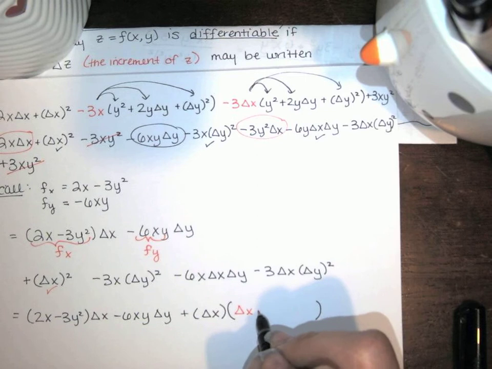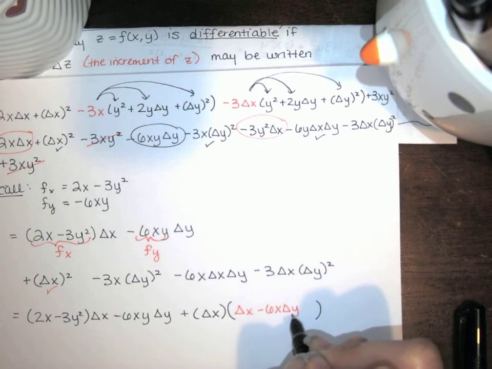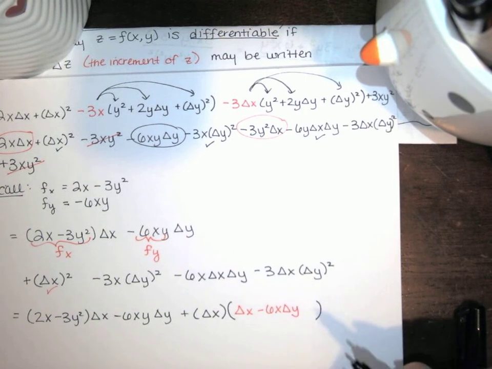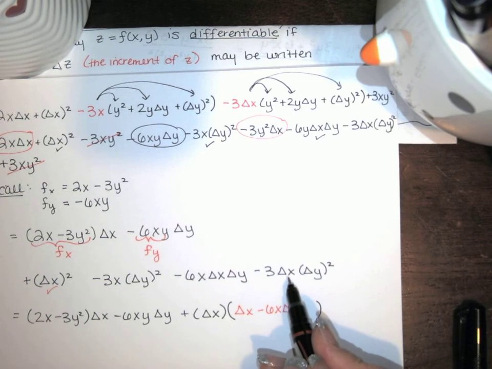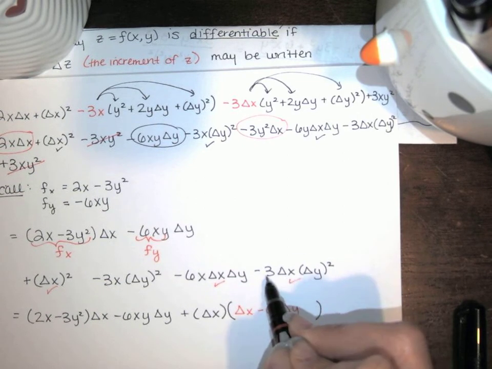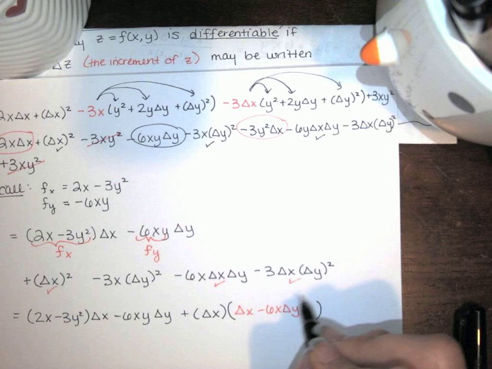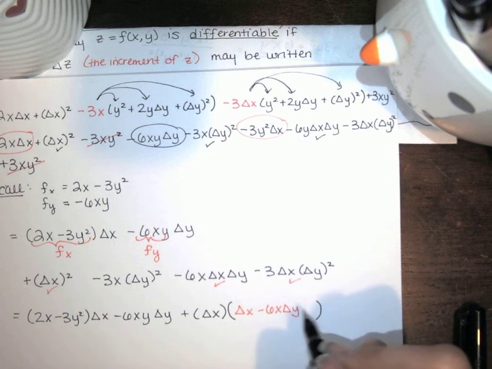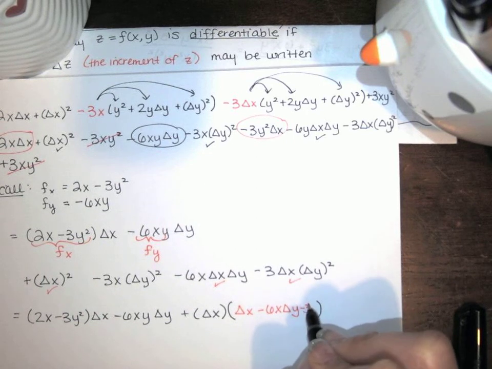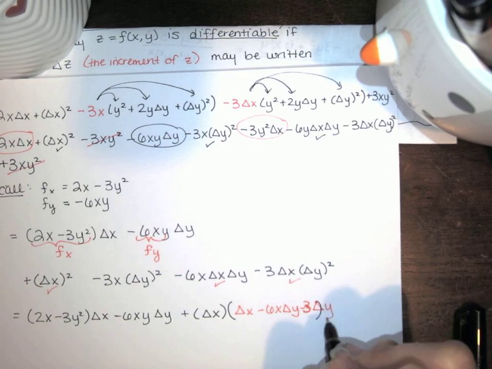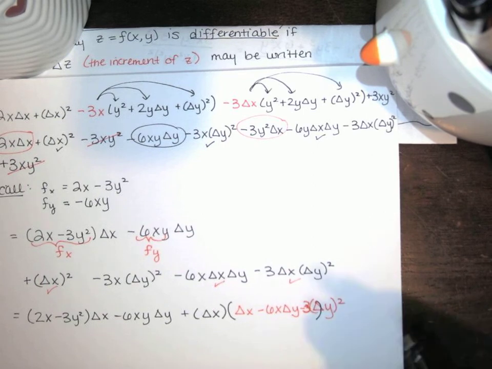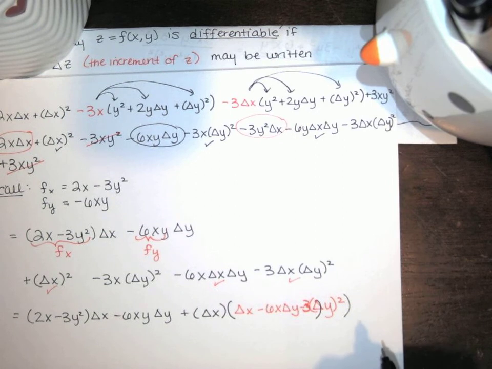So I will put that here, negative 6x delta y. And then this one has a delta x in it. If I factor out the delta x from here, I'm left with a negative 3 times delta y squared. As delta y goes to 0, delta y squared goes to 0, so that will work. I can put that in over here. Negative 3, I didn't quite leave myself enough space, times delta y squared. Sorry guys, it looks bad, but that's just negative 3 times delta y squared.